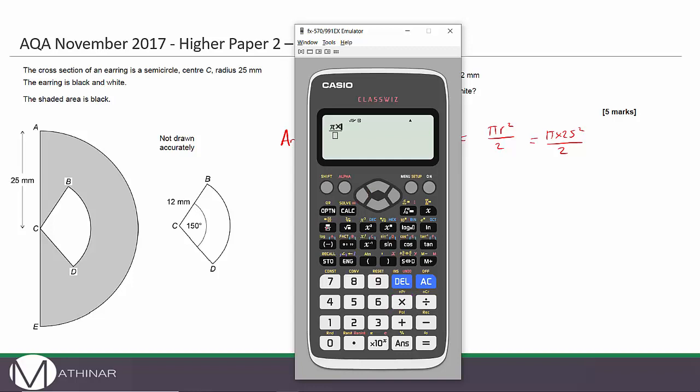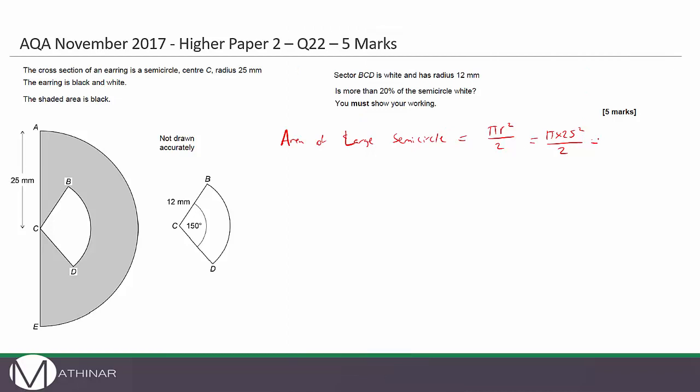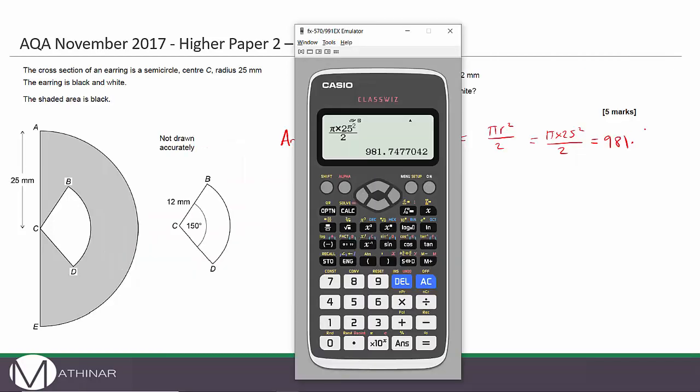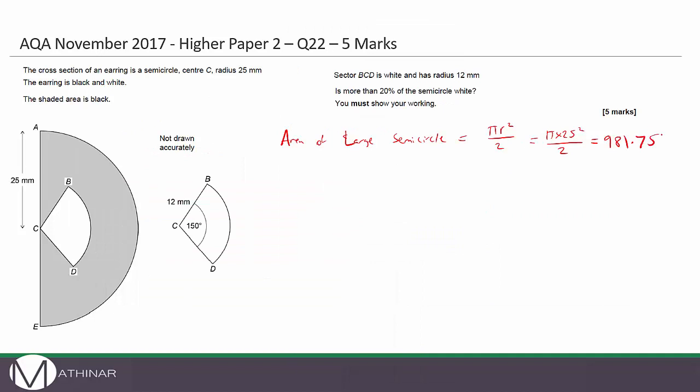Pi times 25 squared over 2, the decimal is 981.75. I'm going to go more accurately to start off with, and then I'll use less accuracy later on. So that's in millimeters squared.